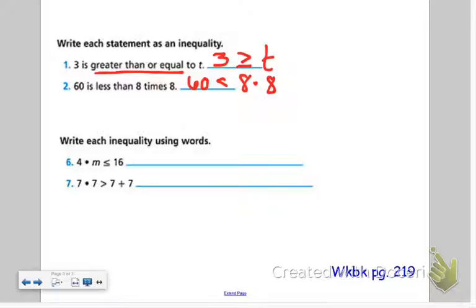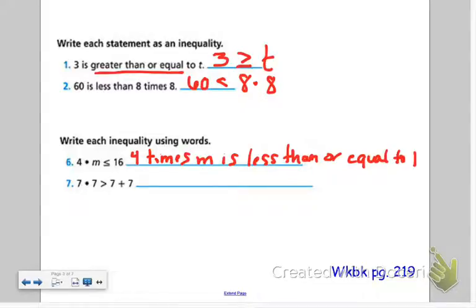When you move on to the bottom section, you're going to write each inequality using words. So this time, the inequality is given to you in the numbers and the variables, and you have to put the words in. So number 6, just the way you would look at it: 4 times m is less than or equal to 16.